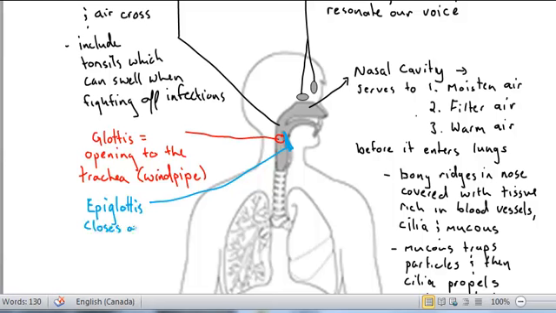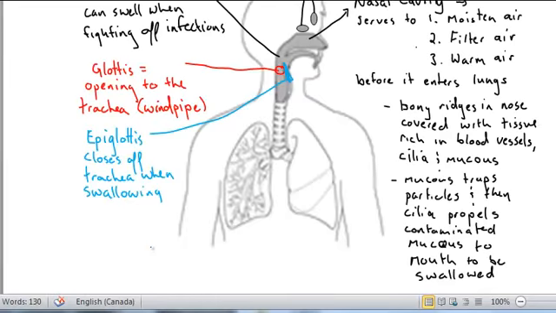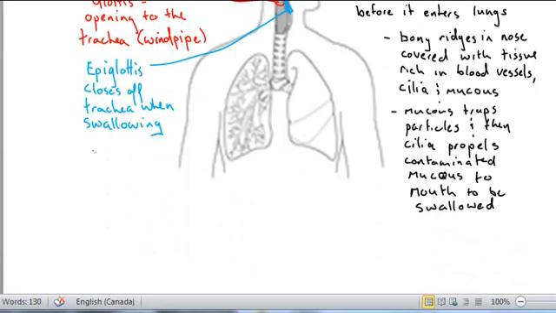It closes off the trachea when swallowing, to prevent choking, so that food doesn't go down your airway.